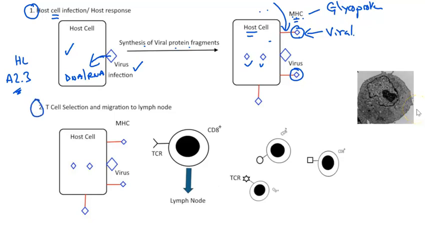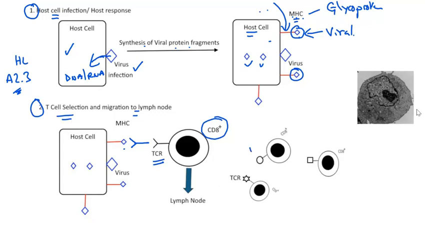So let's look at that system response in step 2. In step 2, we have what's called T cell selection and migration to the lymph node. The first step is that a T cell, they're actually called CD8 plus cells, with the T cell receptor which corresponds to the virus. So this is the selection process.